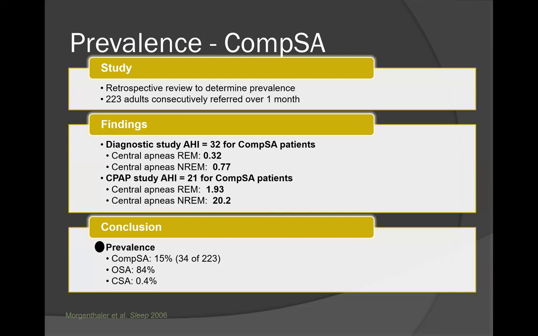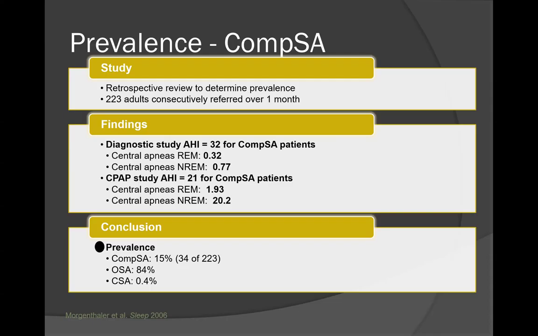No, this is not a central patient, right? You would assume. And then the CPAP study AHI, all of a sudden it was 21. Central in REM was 1.9 or 2. And in non-REM, it turned to 20. Pretty weird. And this is a signature of complex sleep apnea. When they're in REM, they get better.